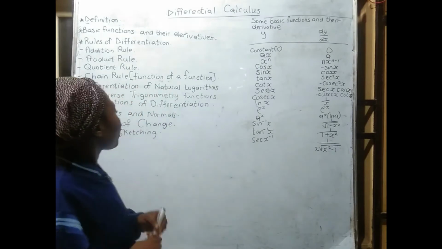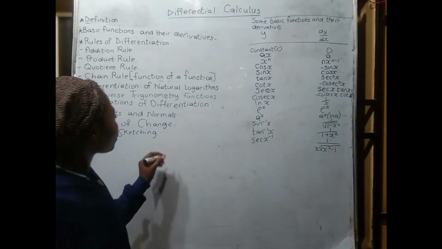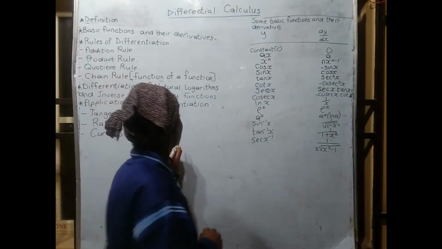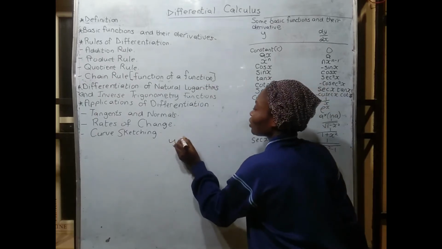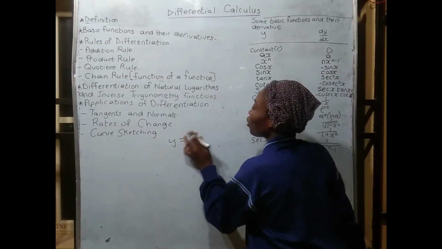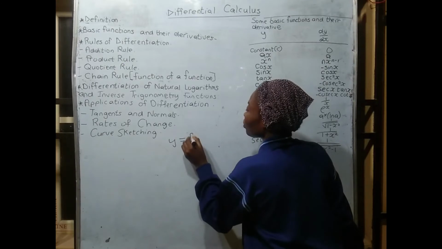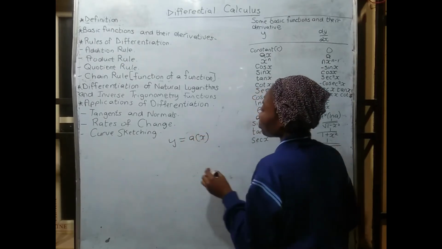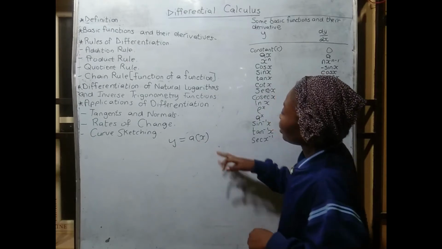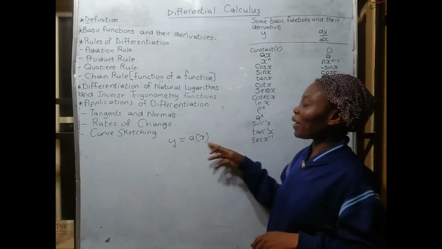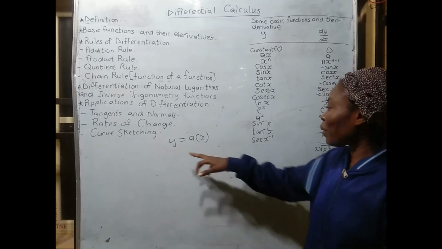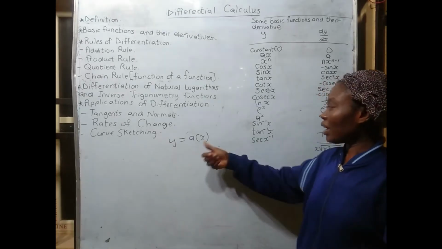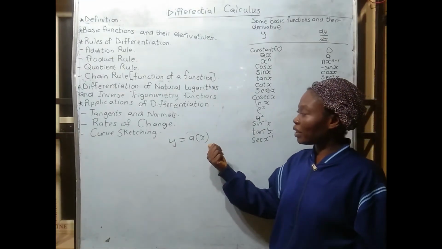And considering the function y equals a of x. Now our y is dependent on x, so we have the dependent variable, which is the y, and our x is the independent variable.